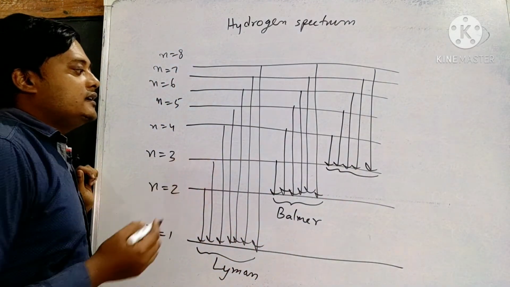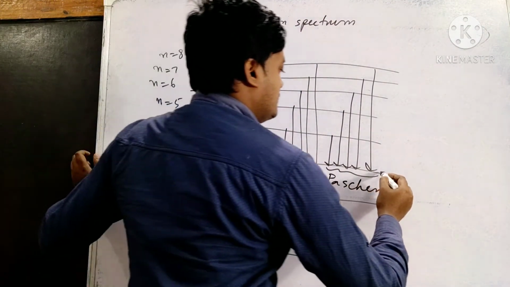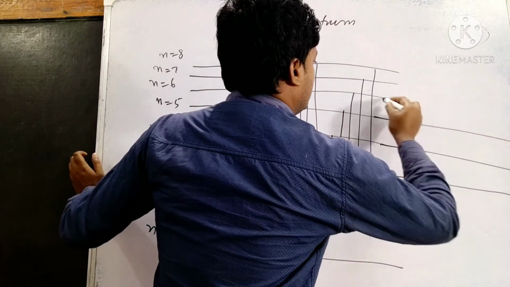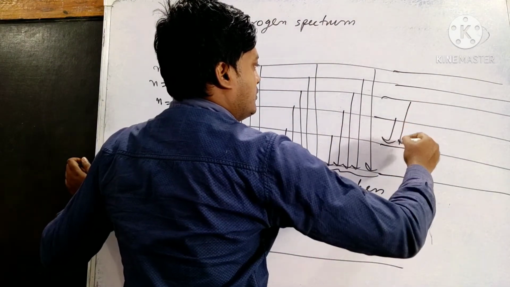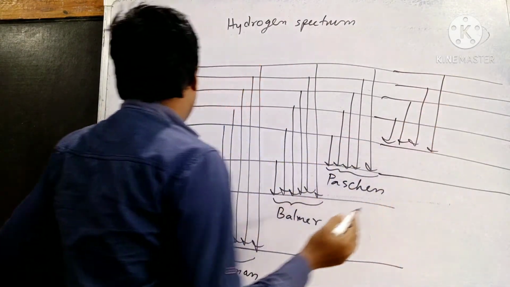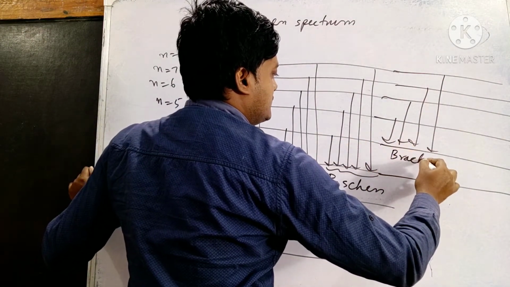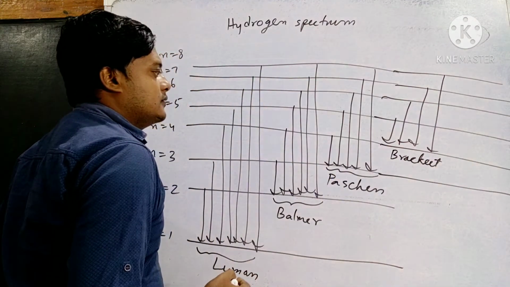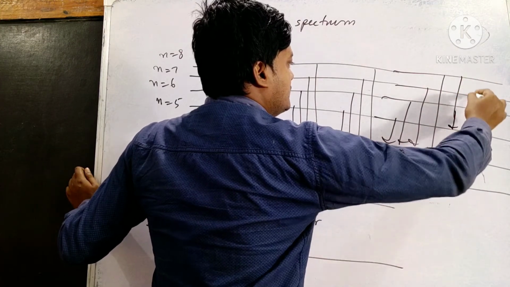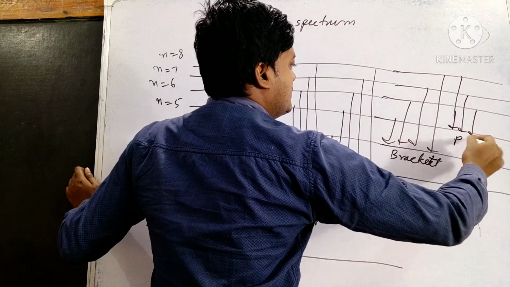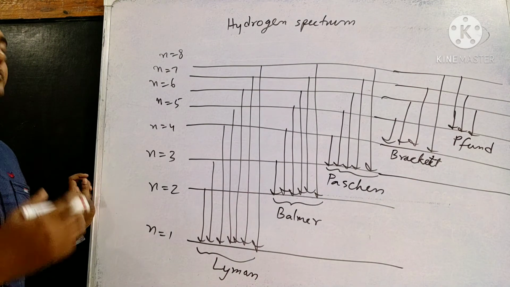When it drops to the third energy state, we get the Paschen series. When to the fourth energy state, then Brackett. And when down to 5, then Pfund. So these are the different spectral series.